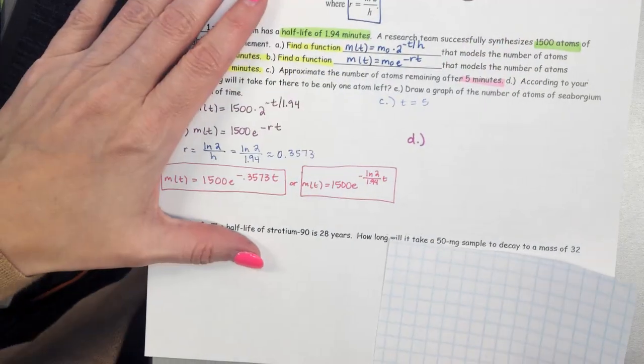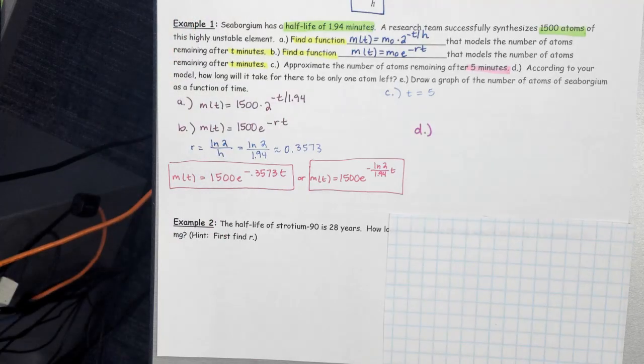So you don't need to save room for that. And for part C, you can round to the nearest atom.